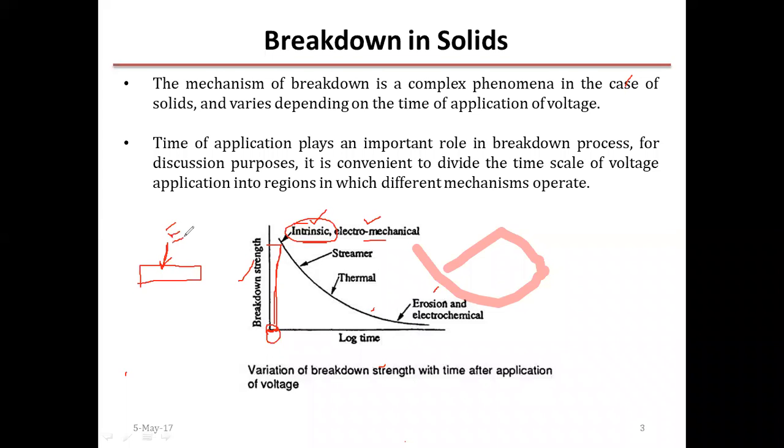The electrical force has the ability to compress or expand any material, so it depends upon the elasticity of that material. Every material has its own elasticity. For example, rubber has high elasticity and ceramic has low elasticity. So the electromechanical breakdown is actually due to that compression that occurs due to the application of the electrical stress.